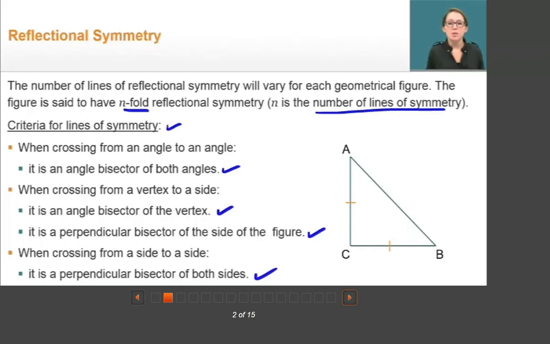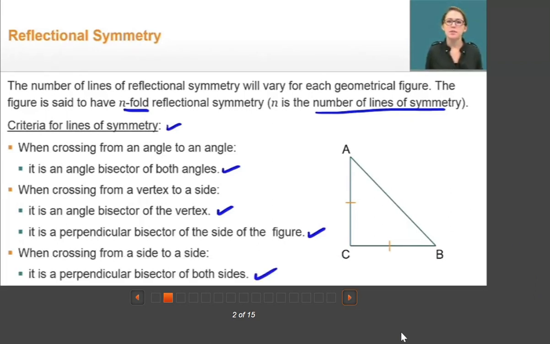So when we work with a geometric figure, such as this triangle, the line of reflectional symmetry should bisect the angles, if originating from a vertex, or be a perpendicular bisector of the side of the figures. If the line of reflectional symmetry cuts through an angle and a side, then the line should bisect the angle and cross through the midpoint of the side.